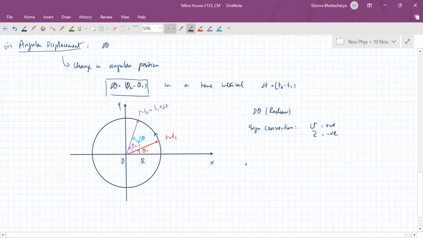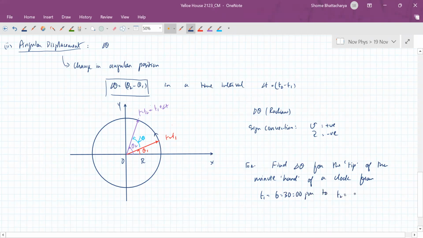So for example, if I ask you to find the angular displacement for the tip of the minute hand of a clock from t1 equal to, let's say, 6:30 to 7:10, what you have to see is by how much angle the position of the tip of the minute hand of the clock has moved from 6:30 to 7:10.